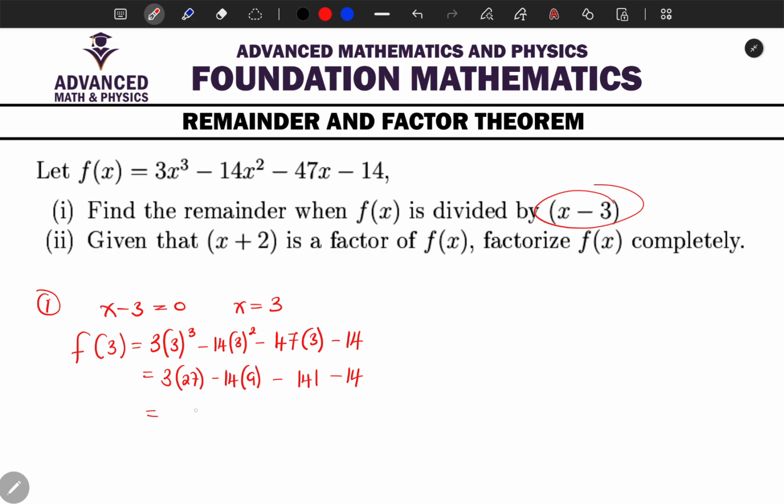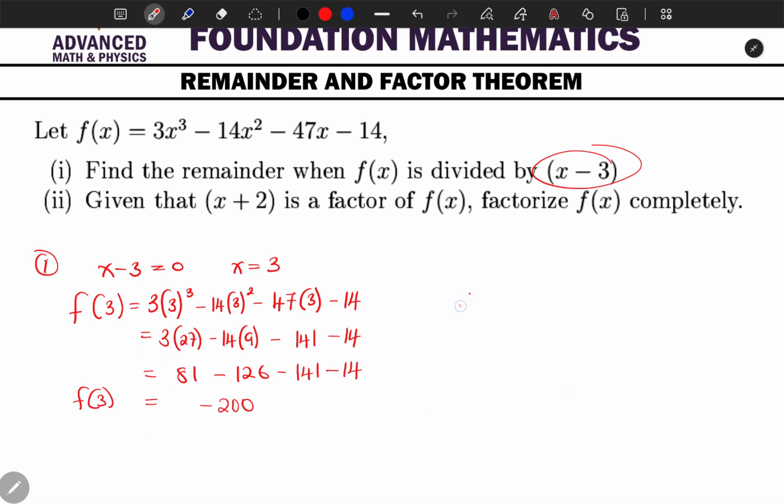So 3 times 27, we actually get 81, minus 126, minus 141, minus 14. And what do we get? No calculators, by the way, but I'm solving, so I can use a calculator. I'm getting negative 200 as my f of 3.